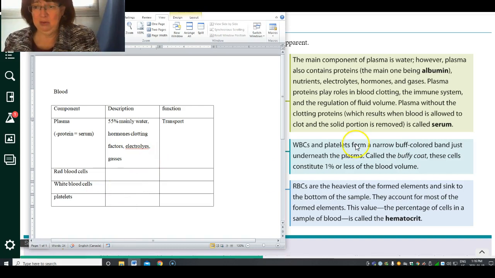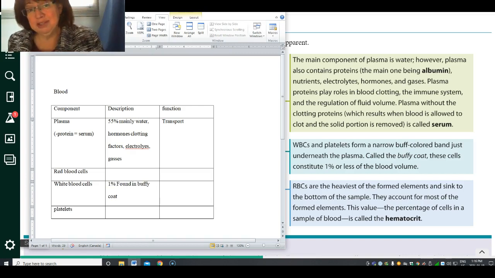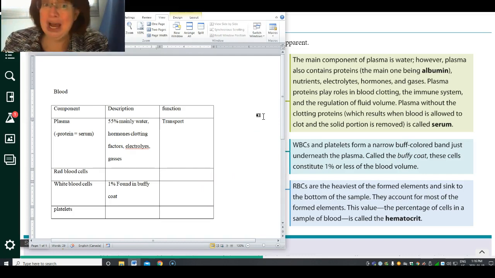Now, since we're looking at the buffy coat, let's briefly write down white blood cells here. So this is found in the buffy coat. Okay, and 1%. Very small, but very important. Now, this is why it's normally 1%, but if there is any infection or any reason why the white blood cell count rises, you have an increase in your buffy coat.